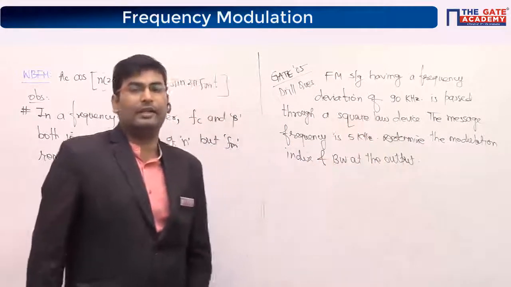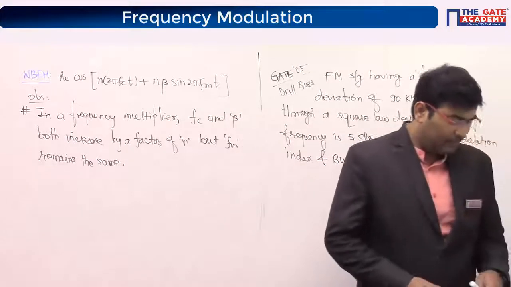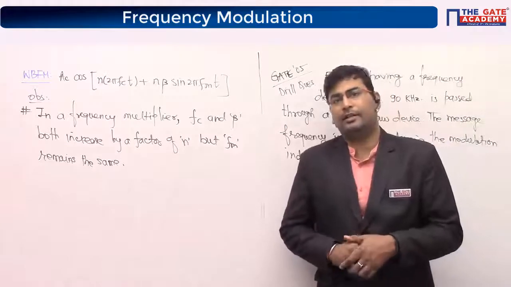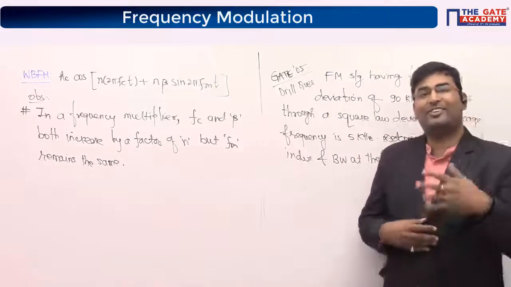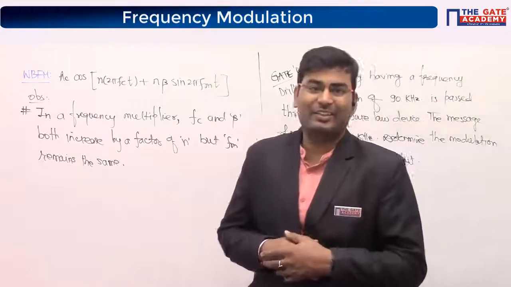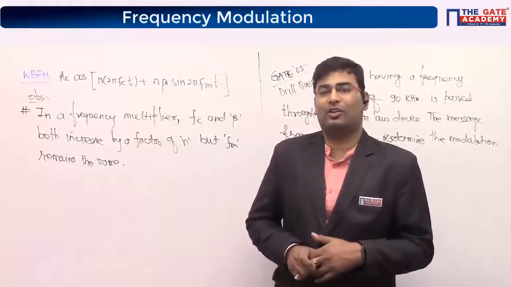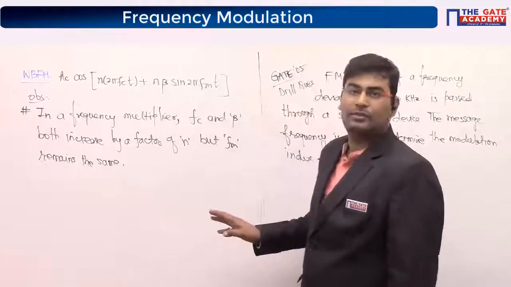The range is 88 to 108 megahertz. But again, that is a practical number. If they are asking a question with beta at, say, 10, don't say it is not practically feasible, as that will not solve the question. Whatever beta they give, you just use it.